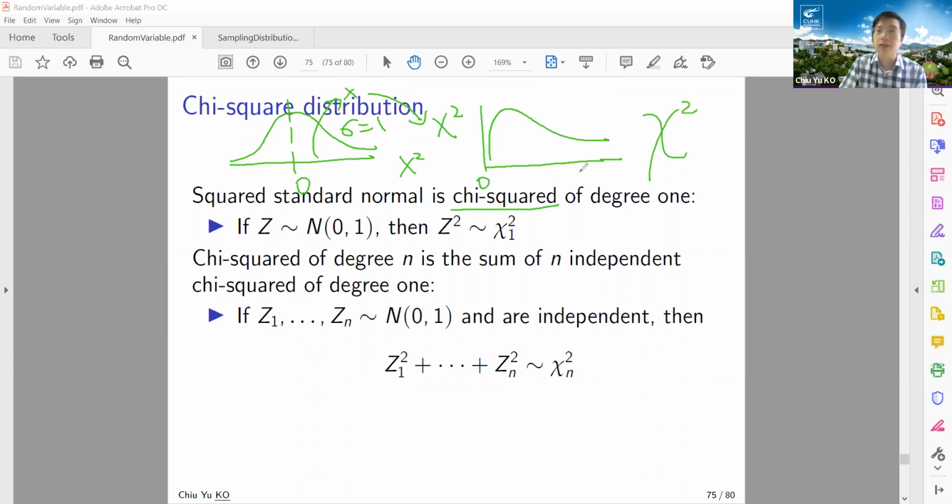So the mistake in history continued, and that's why we call it chi-square. But what is chi-square? You take a normal distribution, pick any number and square it. Is that okay?